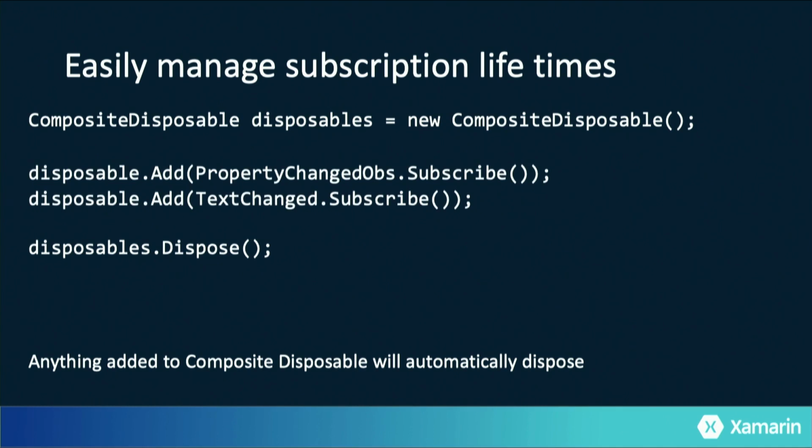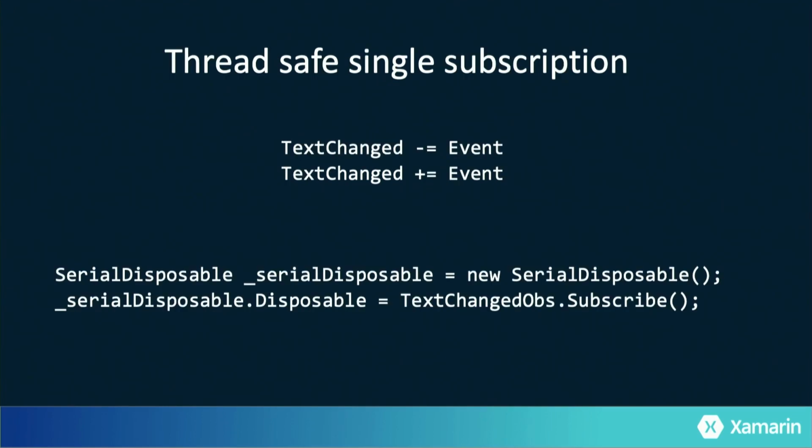You can attach your property change subscriptions, your text change subscriptions, and then you just dispose of it. It's neat because you're getting these object concepts that you can apply to your events. So it's nice. I like it.